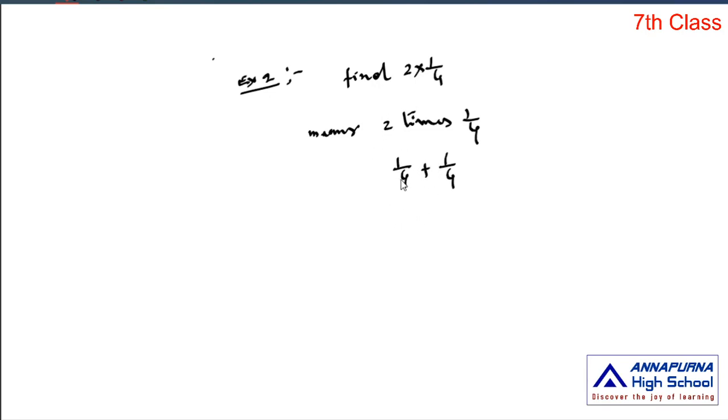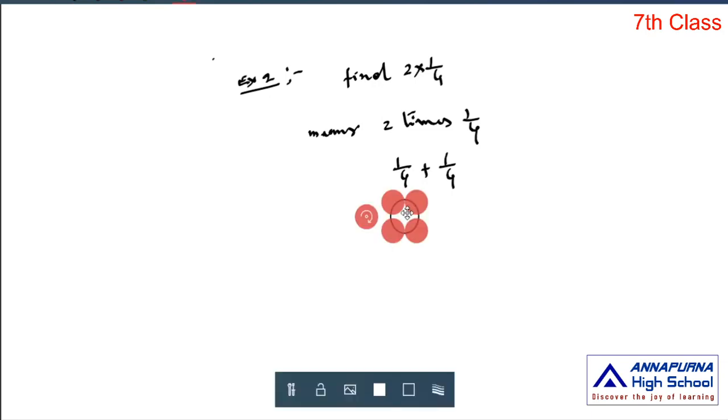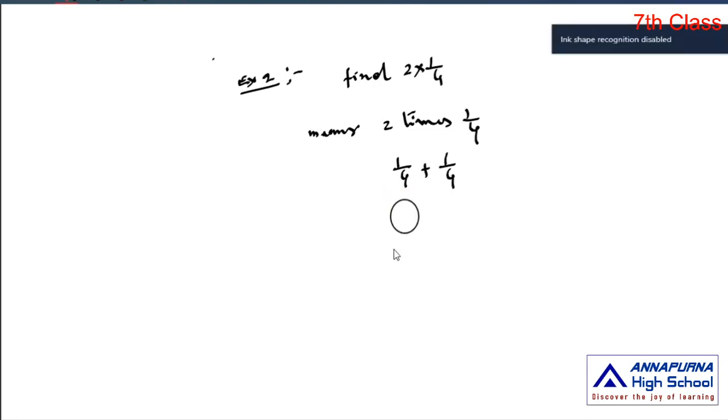So 1 by 4 means the whole is divided into 4 equal parts. Out of 4, how many parts are taken? 1 part. Therefore, the diagram for this fraction 1 by 4 is, let me draw a whole. Let me divide this whole into 4 equal parts.